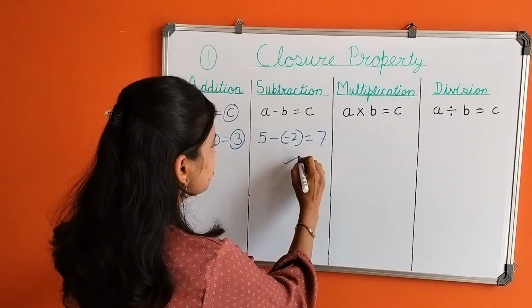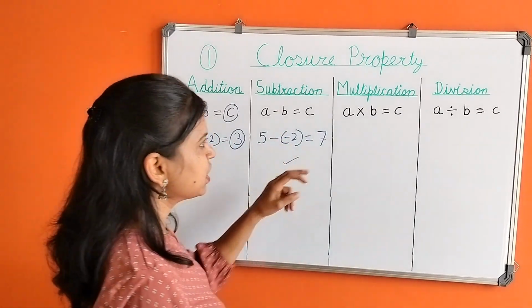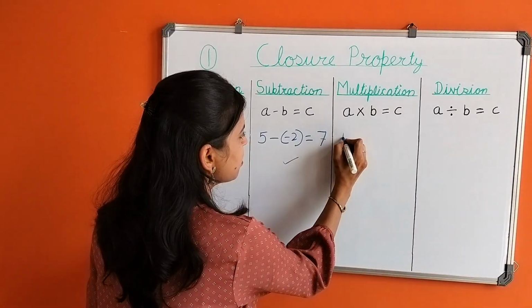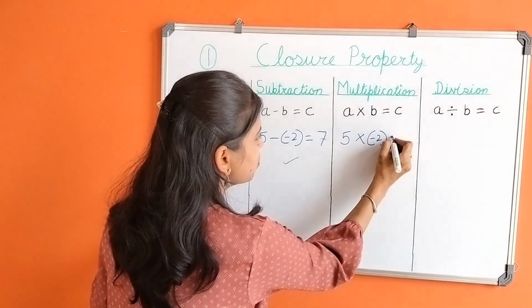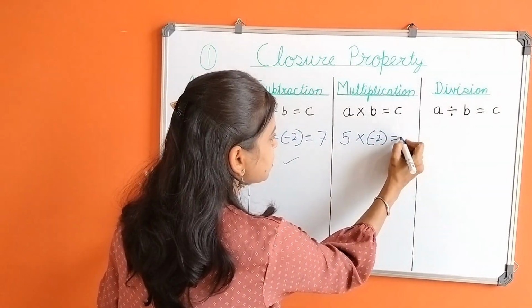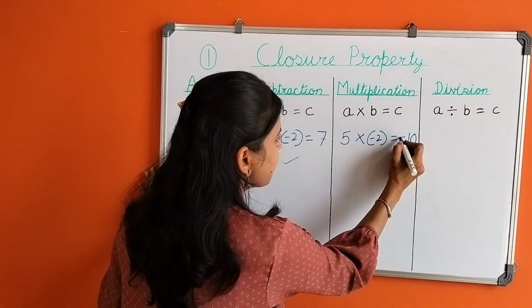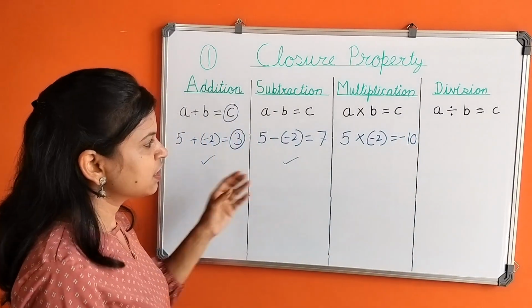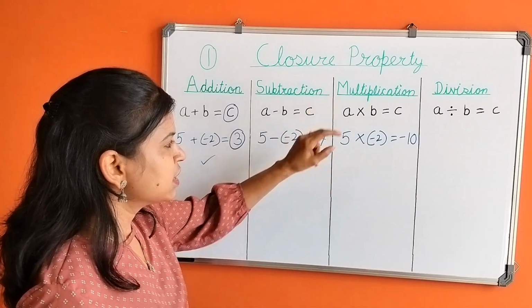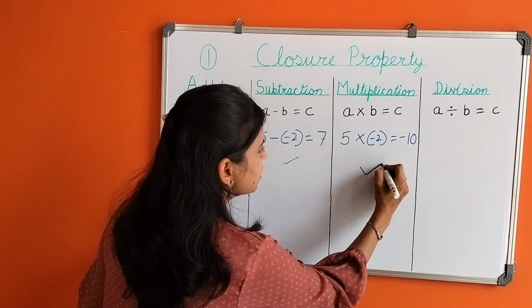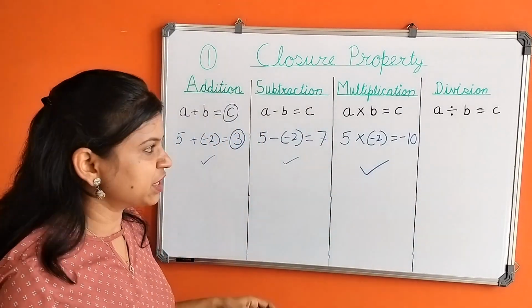For subtraction also, this property is true. Now for multiplication, 5 into minus 2 is minus 10. Again, all three are integers. So the closure property is also true for multiplication.